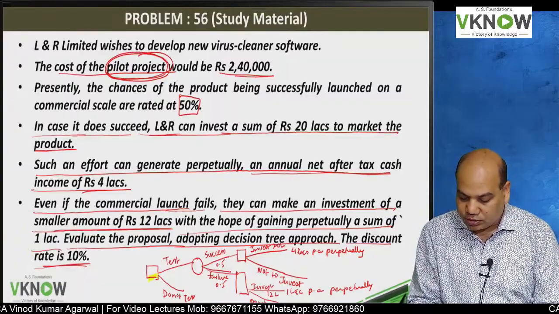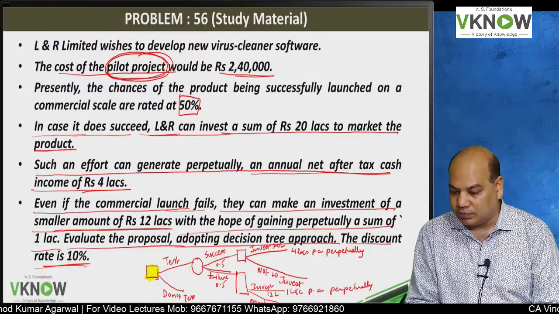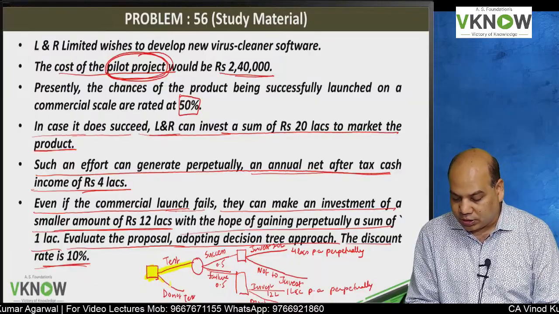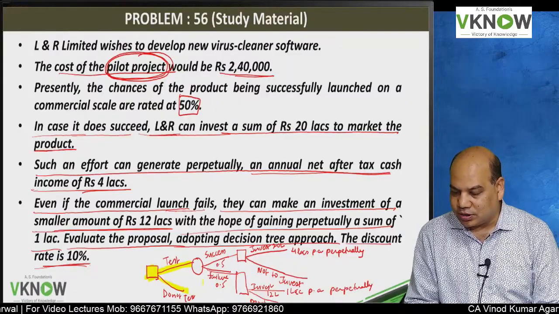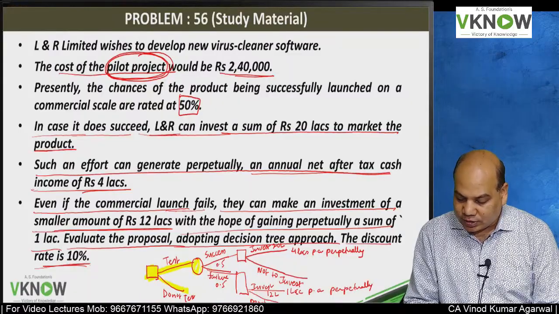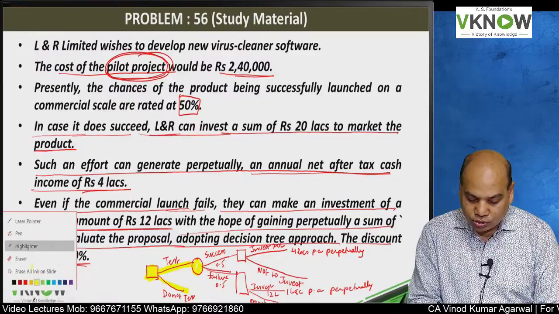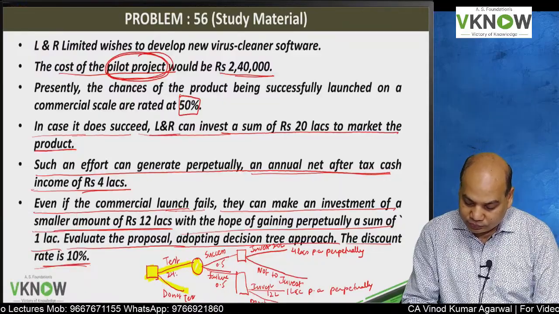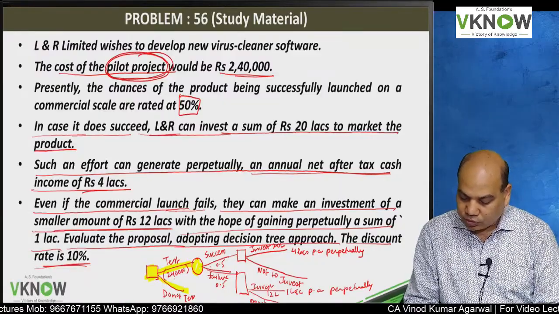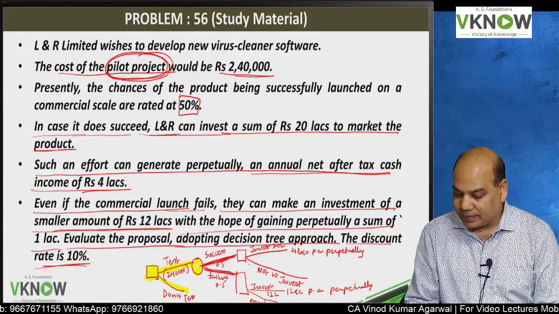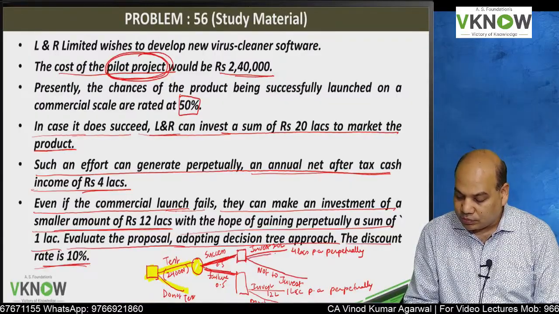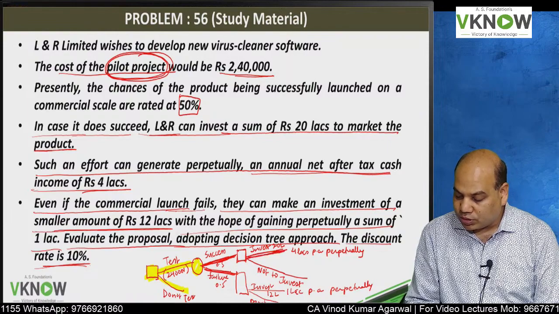Very important question we are discussing from your study material. You have two options today: test, do not test. If you do not test, matter closes there. If you go for testing, which will cost you 2,40,000, there are two outcomes possible: success and failure. If it is successful, you have to make a choice: invest 20 lakh, do not invest.